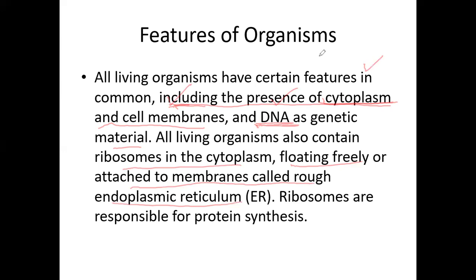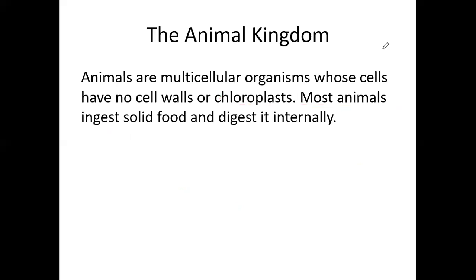I would like to move towards the next slide. Now, first of all, we will discuss the animal kingdom. According to the syllabus, we will discuss the animal kingdom. Animals are multicellular organisms whose cells have no cell wall, no chloroplast, and which ingest solid food and digest it internally.